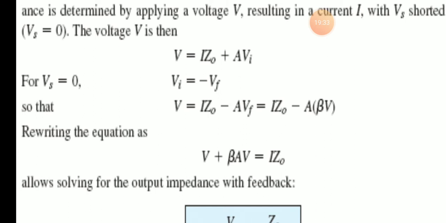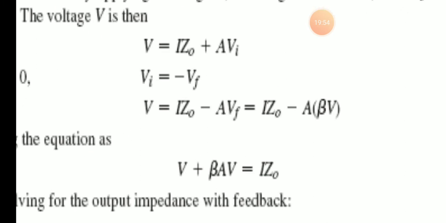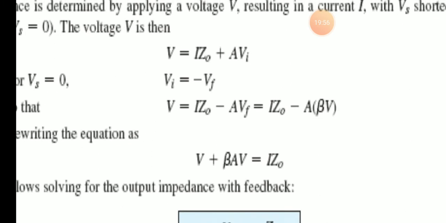So we will get V equals I, the current, into Z0, the output impedance, plus A into Va. If the source voltage is 0, then the input voltage equals the feedback voltage, that we know. The voltage can be calculated as the current into output impedance minus A Vf, so I Z0 minus A Vf.